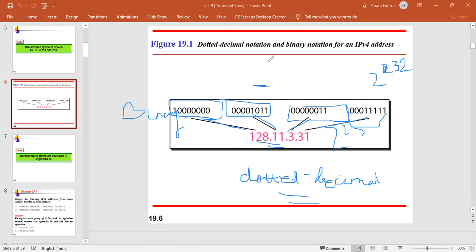This is how the internet identifies a particular host whenever it is connected to the internet. It is assigned an IP address for that particular device.